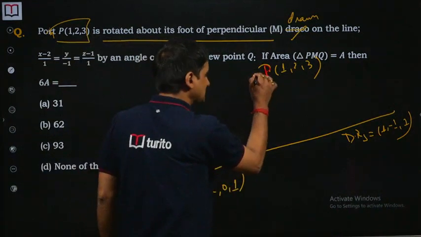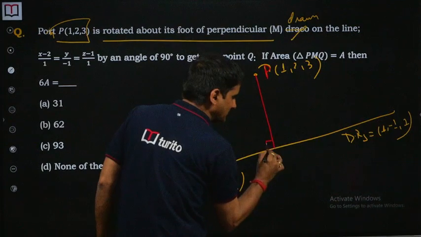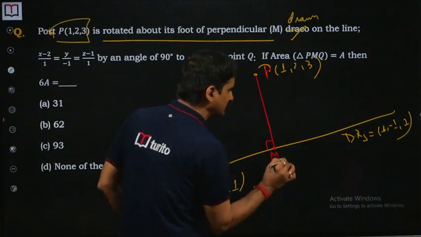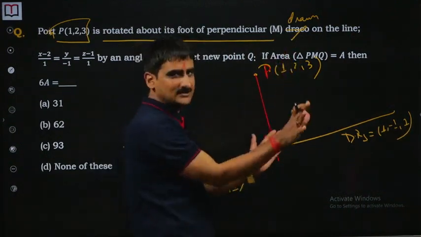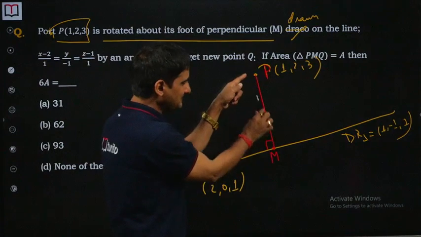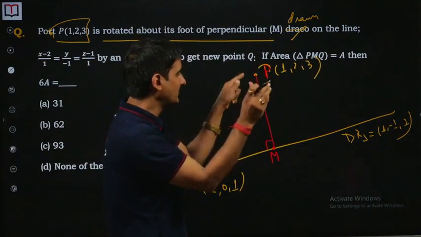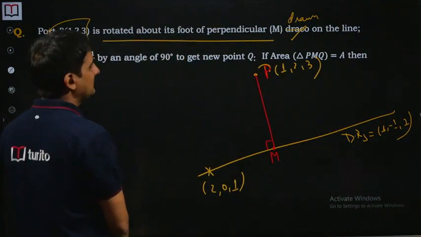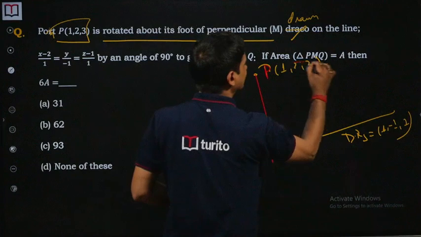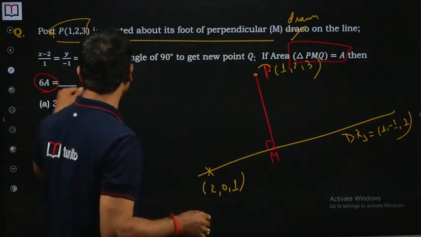So the question is: a point is rotated about the foot of perpendicular drawn from this point on the line by an angle of 90 degrees. So rotated by 90 degrees, you come to the point Q, join P and Q, and if the area of this triangle is A, then you have to find 6A.